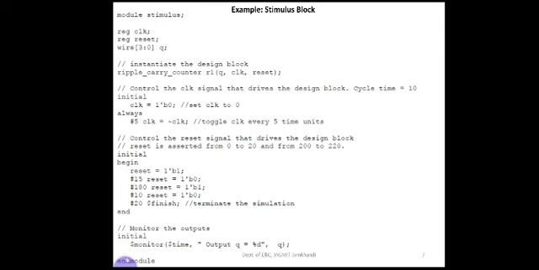The user can decide the values of these reset signals. Here some example is taken. Reset initially is 1'b1, meaning its value is 1. After 15 time units, reset becomes 0. After 180 time units, again reset becomes 1. Like this you can change the value of the reset.